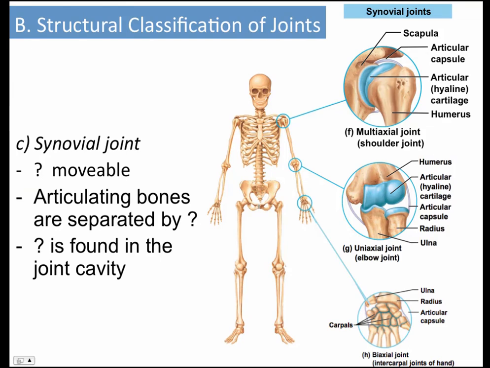Now the last type of structural classification is a synovial joint, and this one allows for freely movable joints, and the articulating bones are separated by a joint cavity, so that's key.